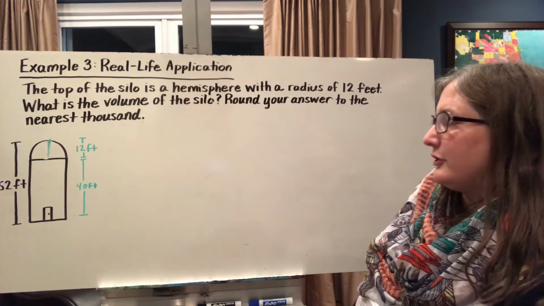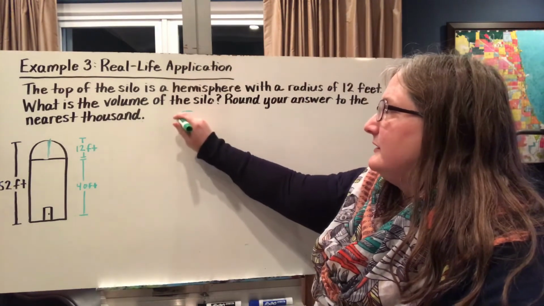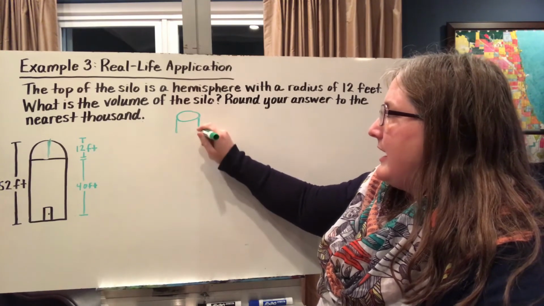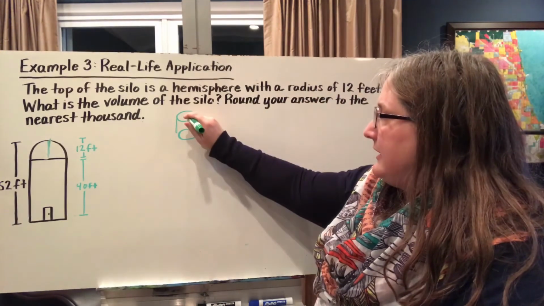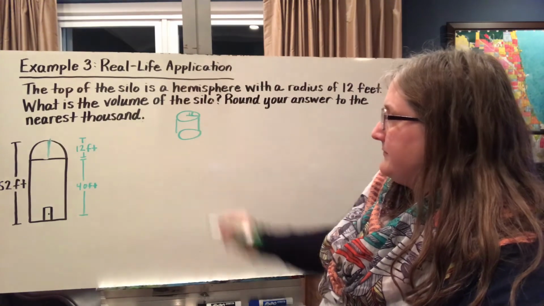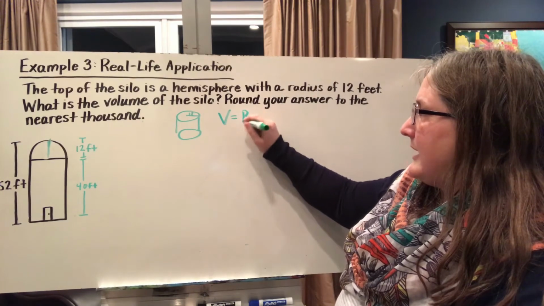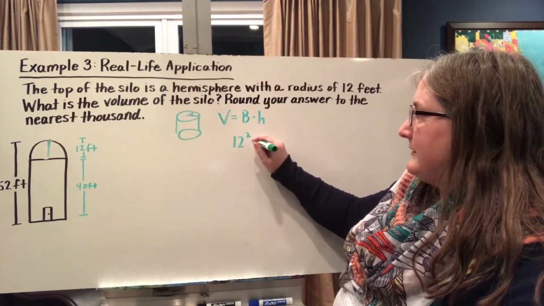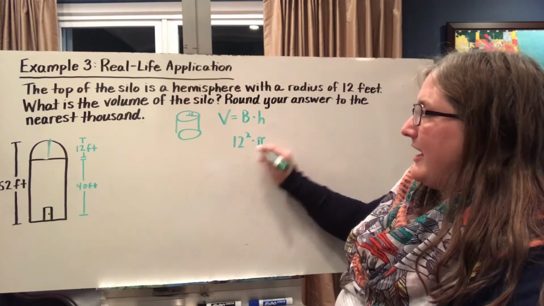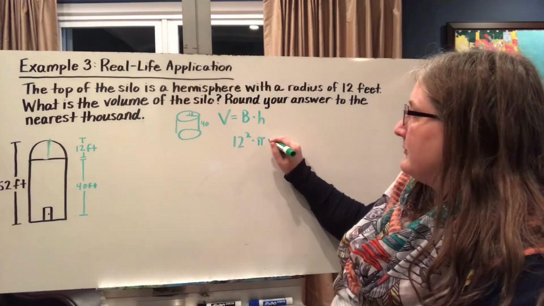So what I'm going to do first is I'm going to find the volume of this bottom piece. It's a cylindrical bottom piece, and we heard that the circles have a radius of 12 feet in this case. So for this volume, I do the area of the base times height. So the area of the base is going to be my radius squared times pi, and the height of the cylindrical piece is 40, so times 40.